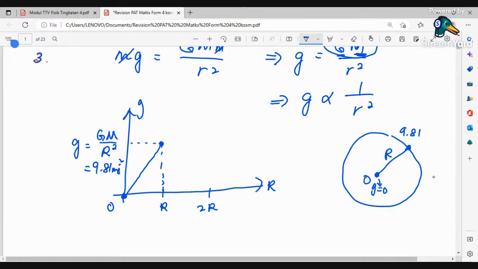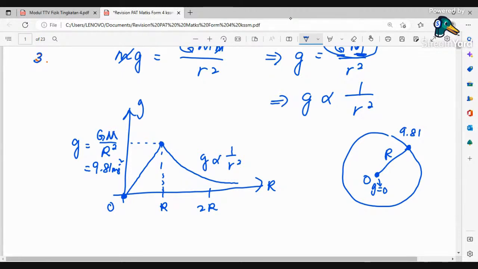So as the object goes further, okay, so I just draw it like this. Go further. Okay, so you can see the graph is like this, showing that g is inversely proportional to r squared.